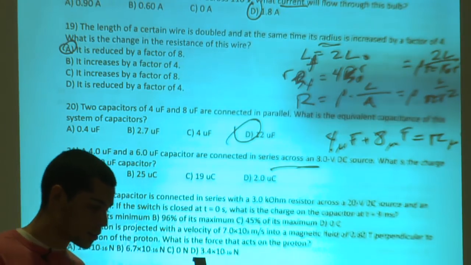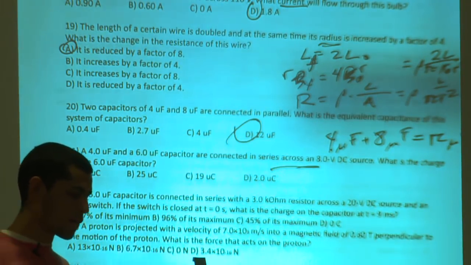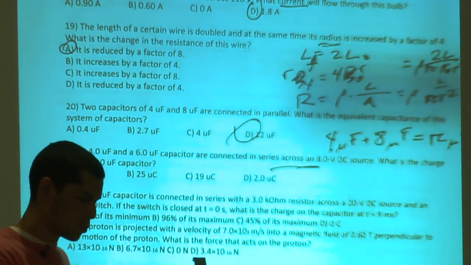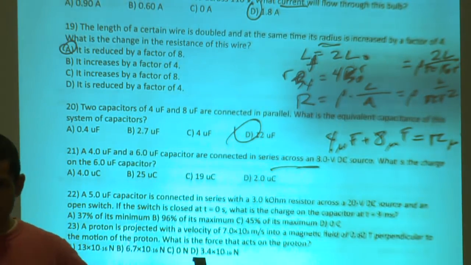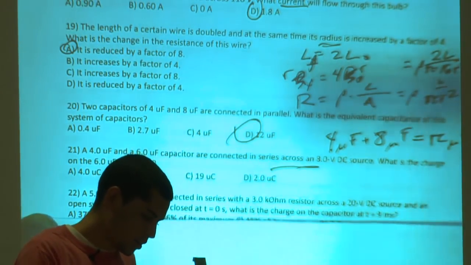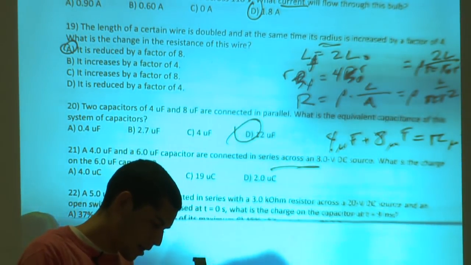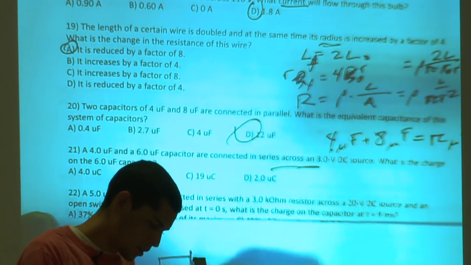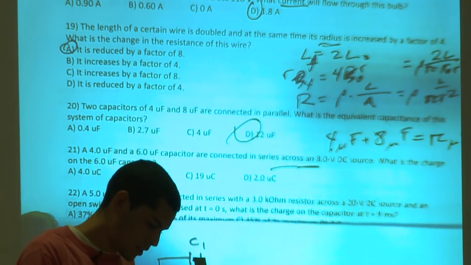A 4 microfarad and a 6 microfarad capacitor are connected in series across an 8-volt DC source. What is the charge on the 6 microfarad capacitor? Cool, so now we got it. I see a problem like this, I'm going to draw it out, right? So here's C1, here's C2.